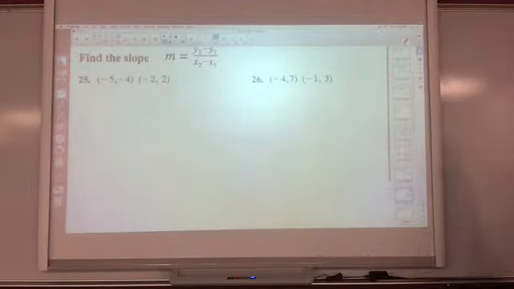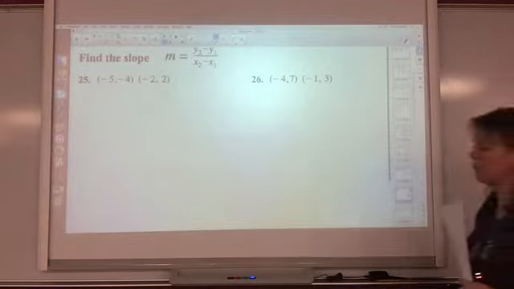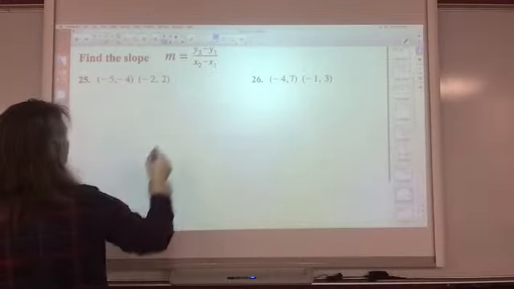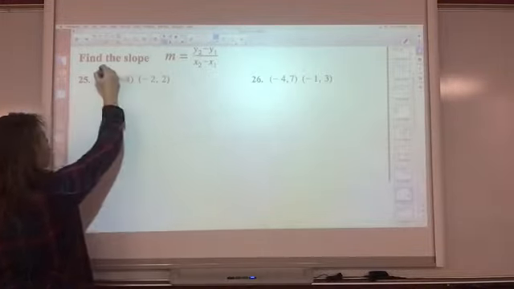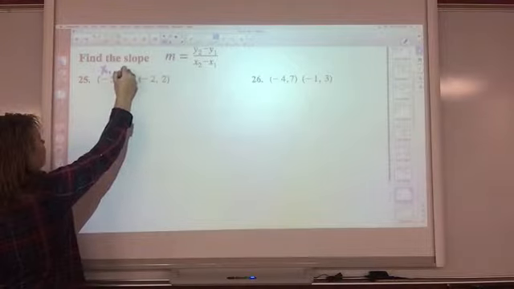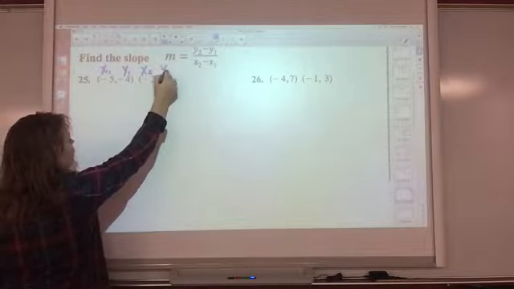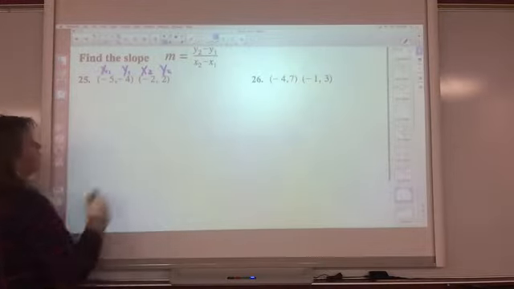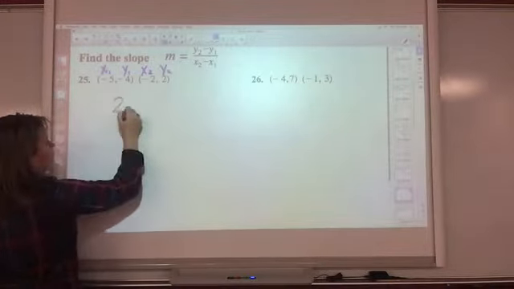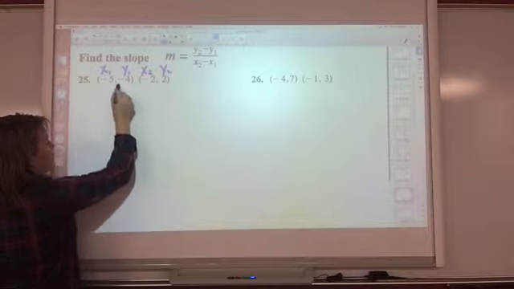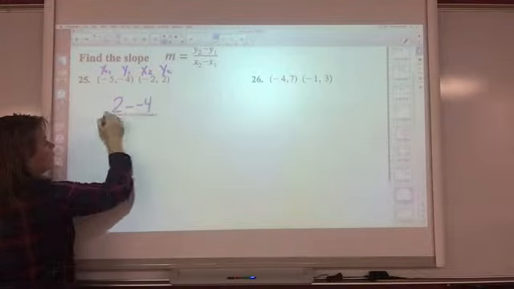Finding slope. Be careful, watch your negatives, use the formula. The formula will be given to you on the exam. This is your first x, this is your first y, this is your second x, this is your second y. Take the second y minus the first y, minus a -4.